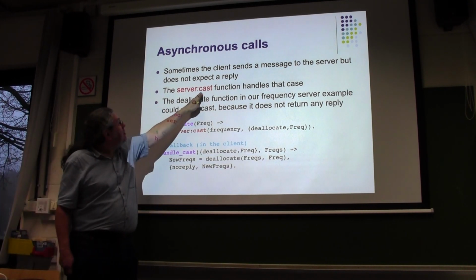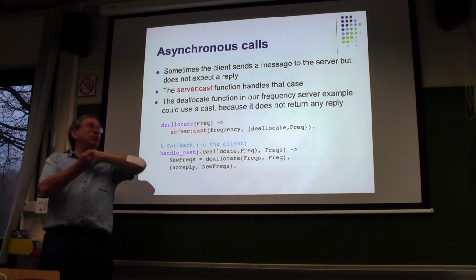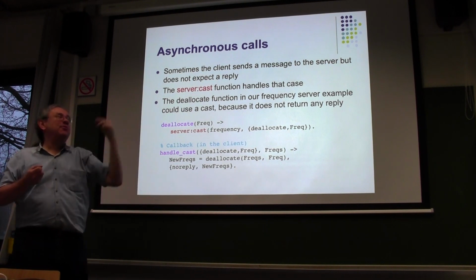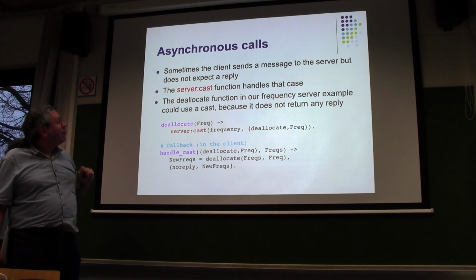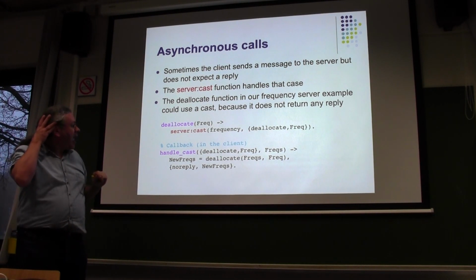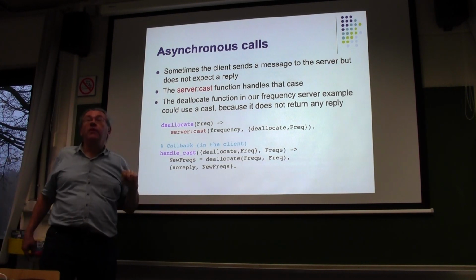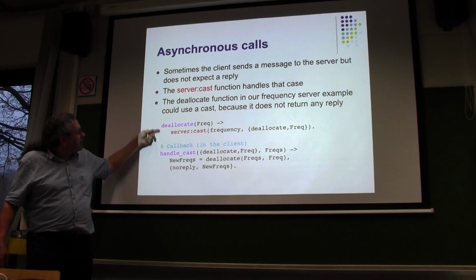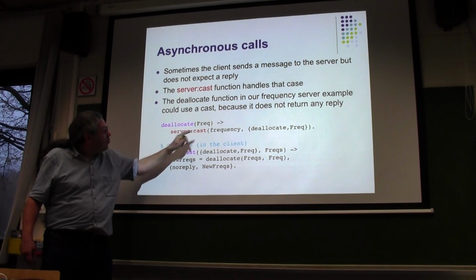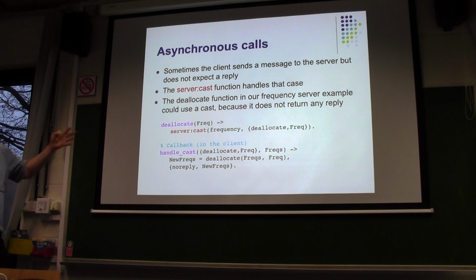So the gen server has another part of the interface called cast. When you cast, you just throw something, you don't wait for a reply. The deallocate, in our example, could have used cast actually. I showed it with call, but if you want to make it more reasonable, you don't have to wait for a result. So that kind of stuff is automatically done by the behaviors.